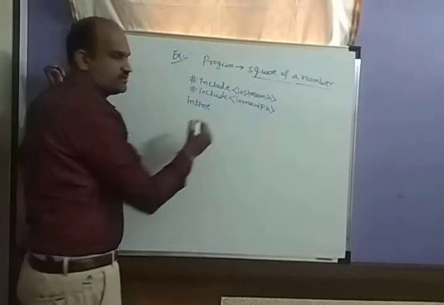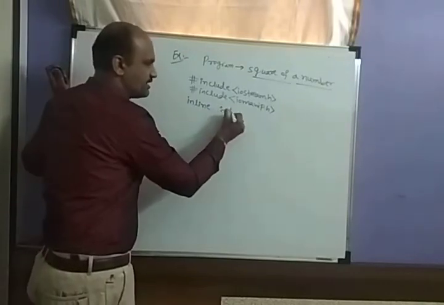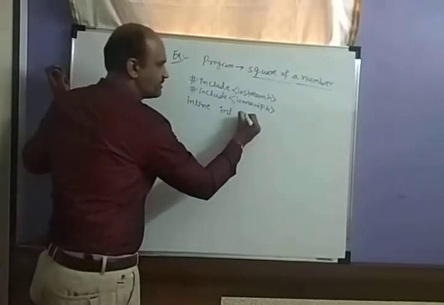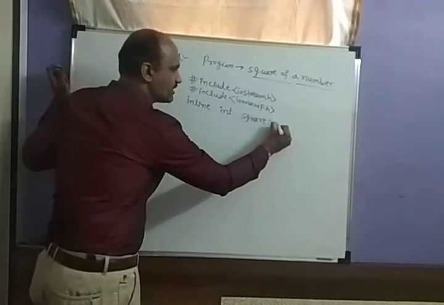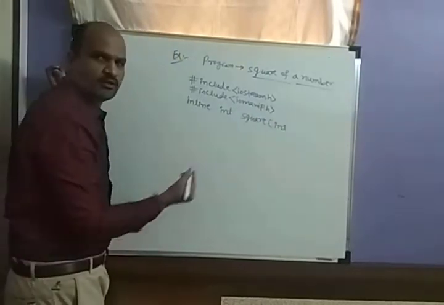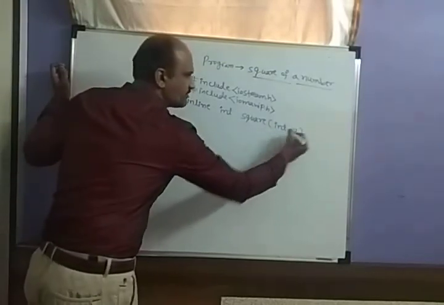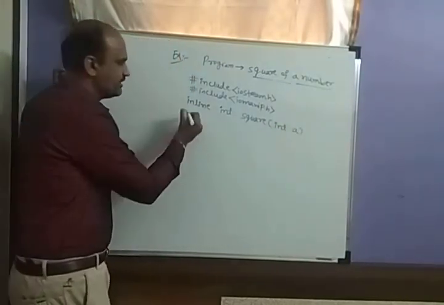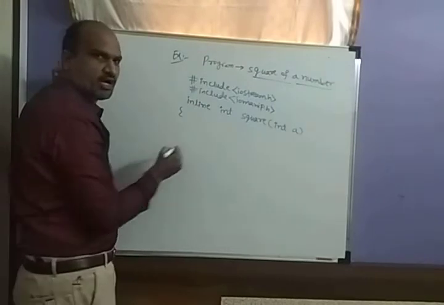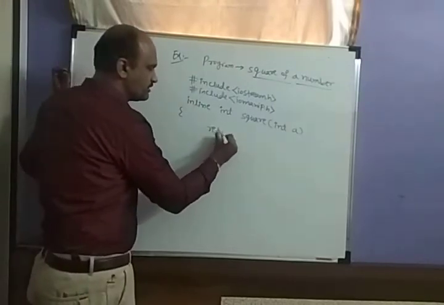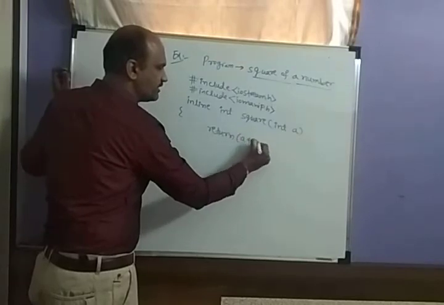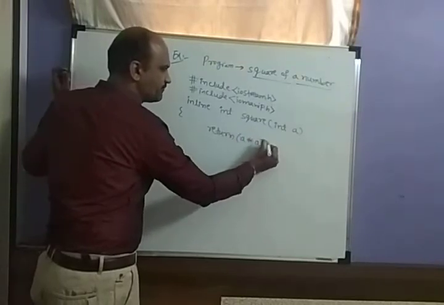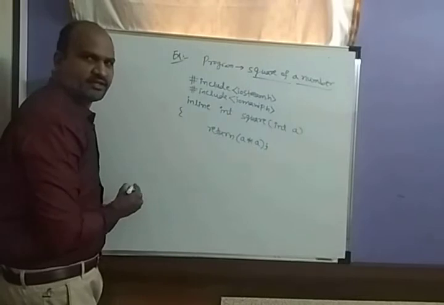Then the type, then the function name. If there are arguments, you can write the arguments. If there is no argument, then no need. That is int a. Then in this function, since we are doing the square, I will write return a into a.